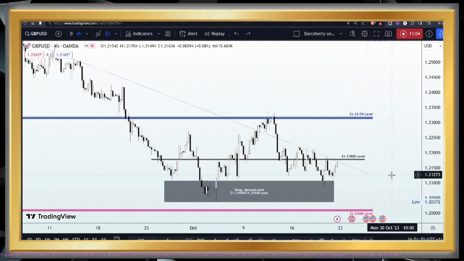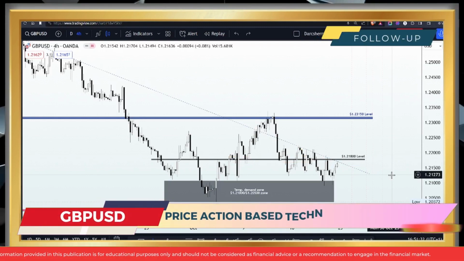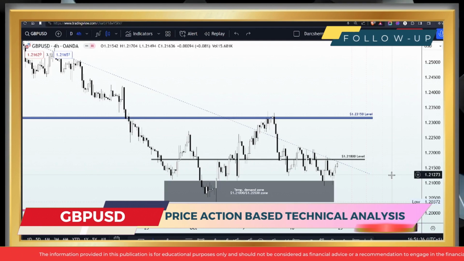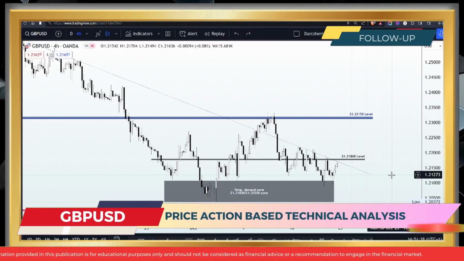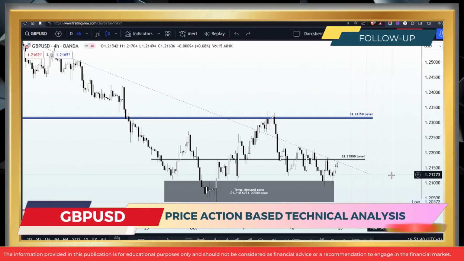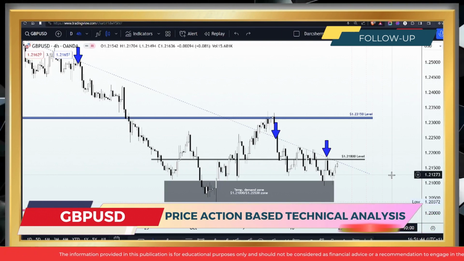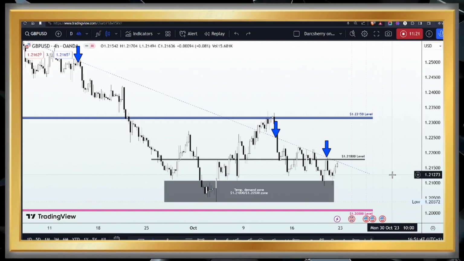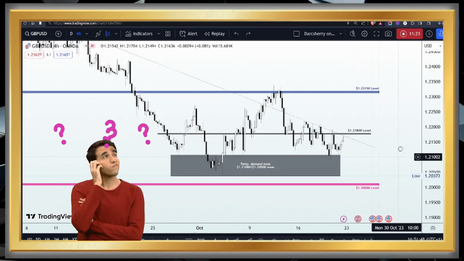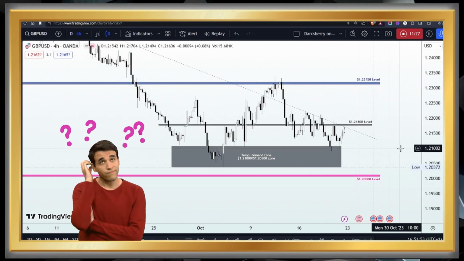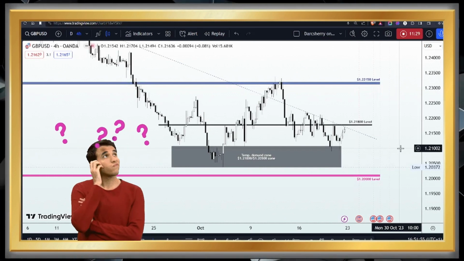However, in as much as we're looking out for buying potential, remember how we do it in this community, we also want to keep tabs with the potentials the sellers also have. And considering the fact that price has been very bearish for a long time, we might likely be seeing selling opportunity coming in as well. Now, what is it that we want to see on this chart that will make us feel comfortable changing our bias from bullish to bearish?